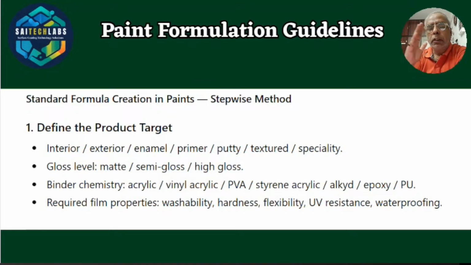In fact, this resin can be classified into two types: thermoplastic resin and thermosetting resin. If you go for air drying, then you should definitely go for the thermoplastic resins. If it is forced dry, that is stoving type, then you have to choose the thermosetting type of resins only.